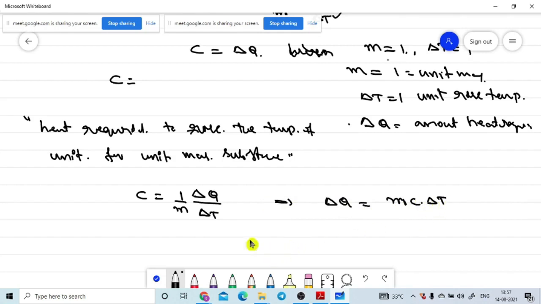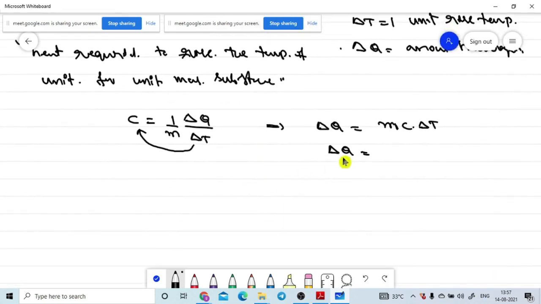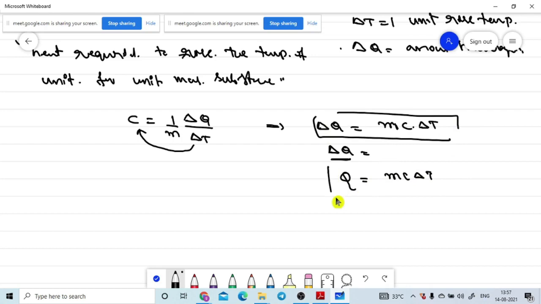Yes, sir. I just send these terms to the other side. If the amount of heat required is labeled Q, then Q is equal to m C delta T. This is also a formula, both are the same, but I label delta Q as Q only, the amount of heat required.